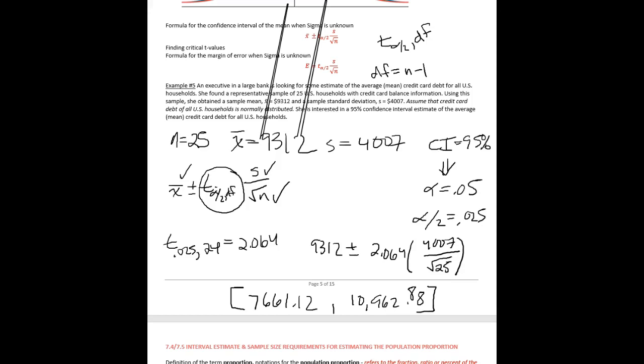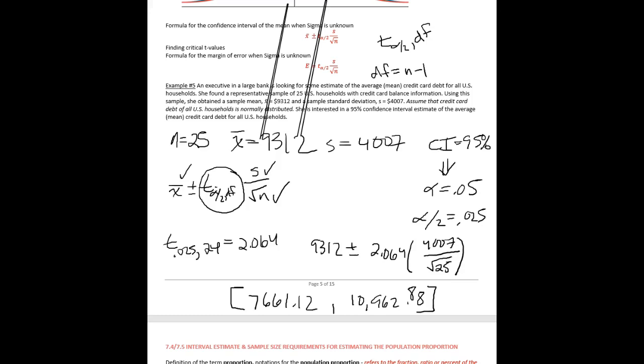All right, so what does this mean? We need to be able to interpret this. First of all, we have an interval, right? We have some number to some number: roughly 7661 and roughly 10,963. So what are we saying here? What does this interval stand for?